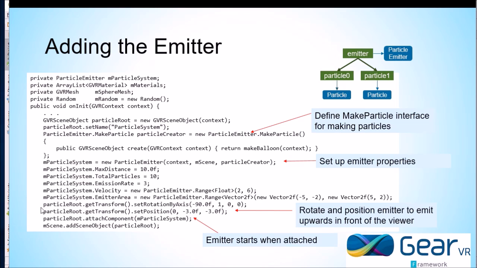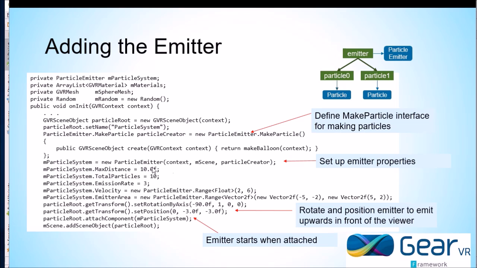So here's where we transform, like we rotate 90 degrees about the x-axis to get it to go up instead of forward. And then we move it out a little and down a little so that it's more near to the bottom of the scene, and the particles will be emitted upwards.